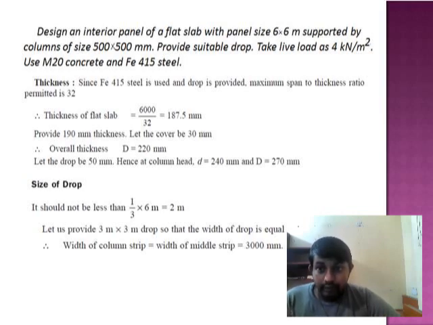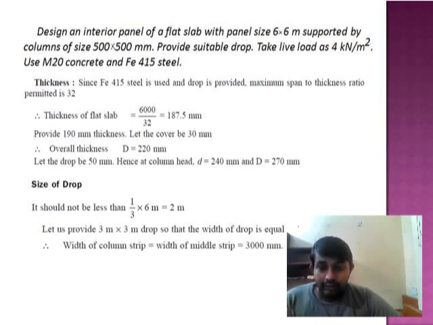So we are providing 190 mm thickness. Assume the cover is 30 mm, so overall thickness is 220 mm, and we are providing the drop with 50 mm, so d equal to 240 and d equal to 270.